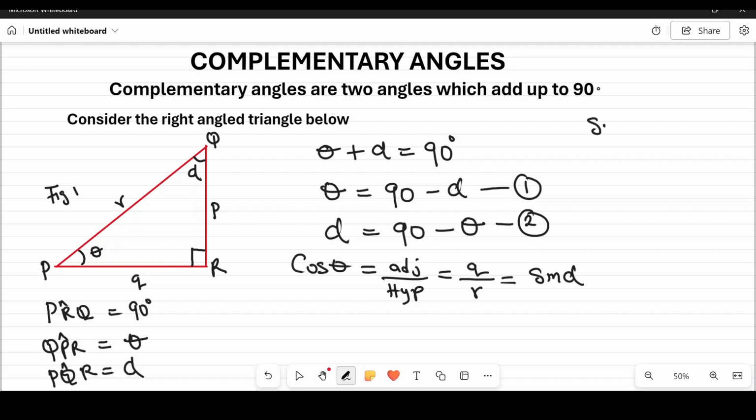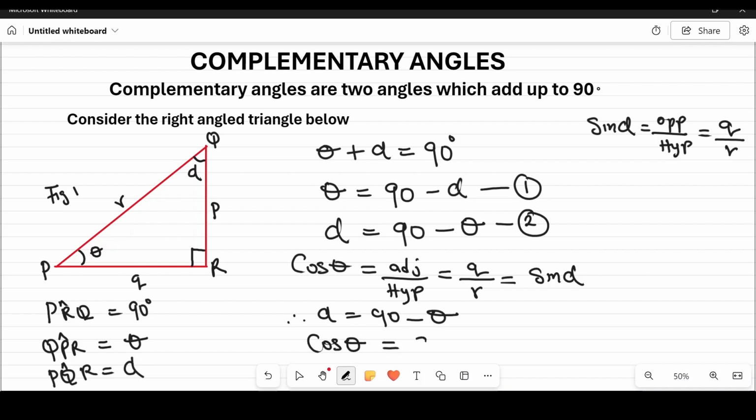Note that sine alpha is equal to opposite divided by hypotenuse. So with respect to alpha, our opposite is given as Q and our hypotenuse is given as R. So therefore, we can establish that alpha is equal to 90 minus theta. Thus, cos theta is equal to sine of 90 minus alpha.